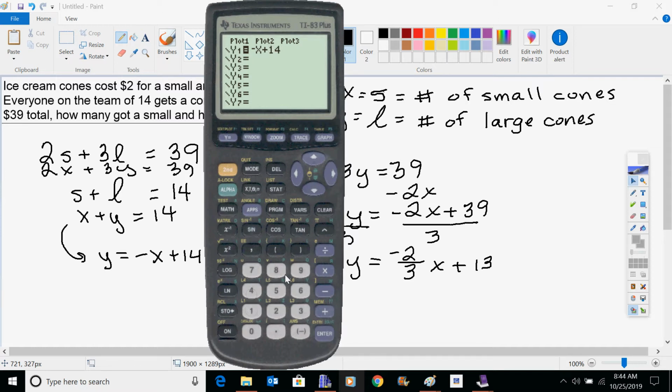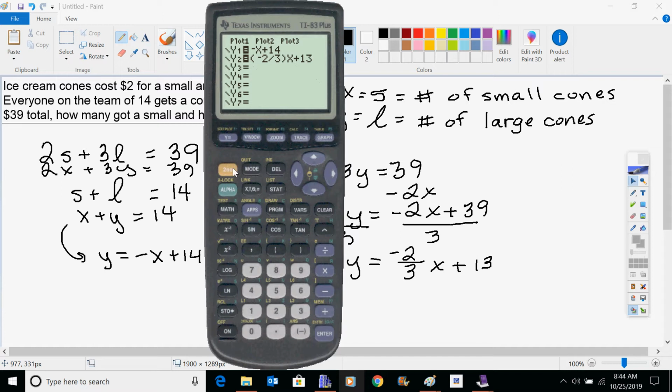And we're going to do negative 2/3. If you're using a fraction, please put it in parentheses just to make it stand apart so that there's no kind of strange errors that come out. Plus 13. If you have a TI-84, it kind of automatically comes out as a fraction, so it's not as critical, but with the 83 plus, that makes it better.